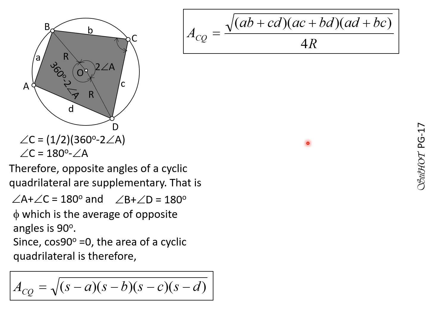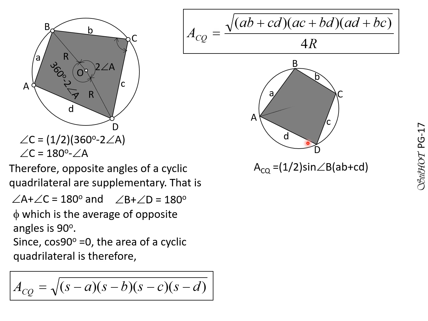Now, in a cyclic quadrilateral, we have the diagonals. If we have this diagonal which divides the quadrilateral into 2 triangles, then the area is, remember, 1/2 AB sine angle B plus 1/2 CD sine angle D. But since sine of angle B equals sine of angle D, because they are supplementary, I just use angle B. You can also use angle D if you want.